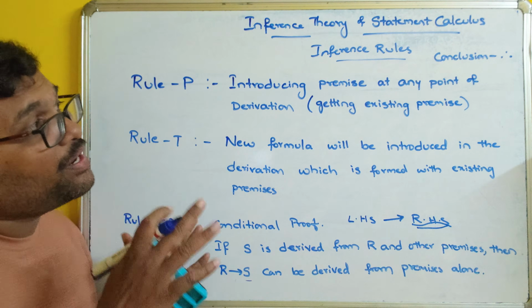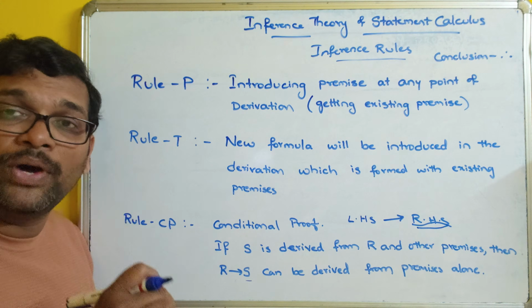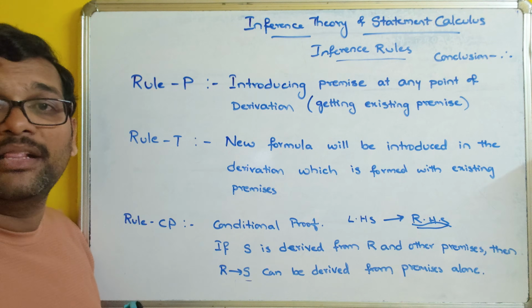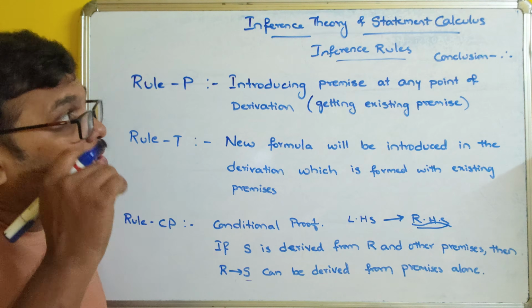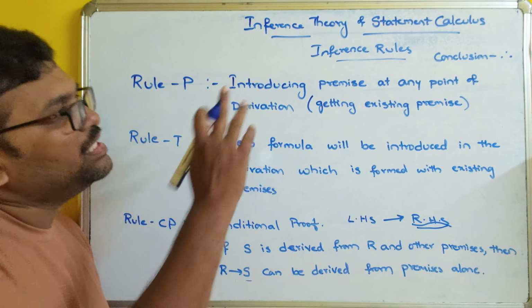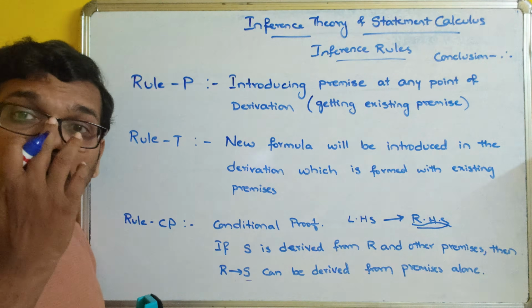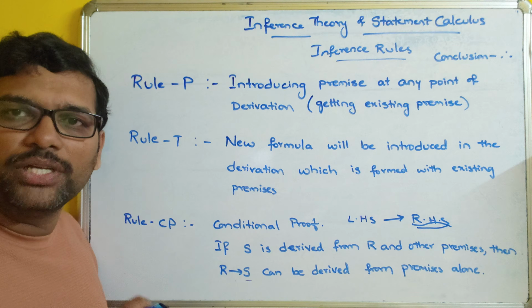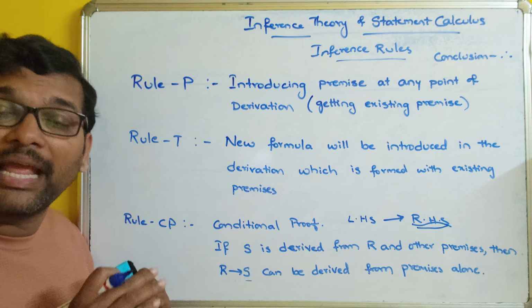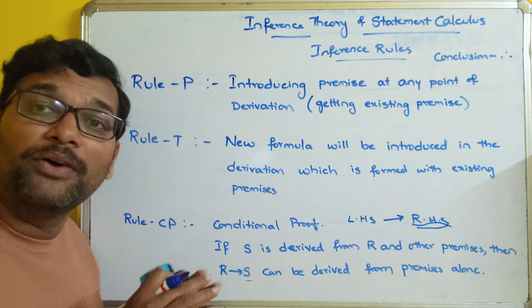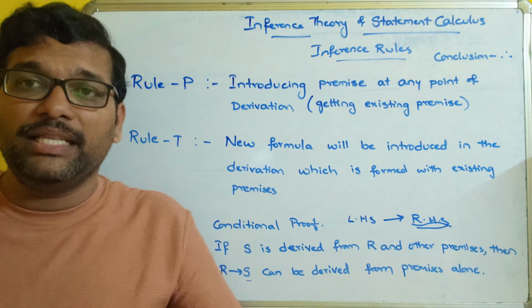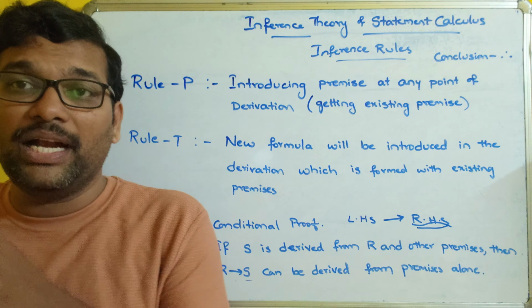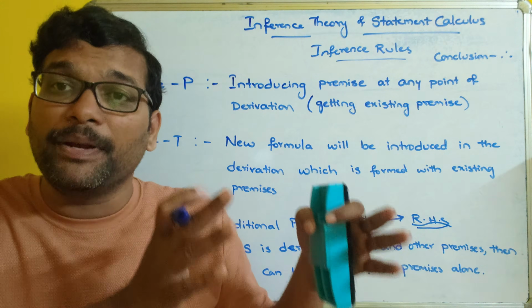So these are all the different inference rules. Once again, I'm repeating the same thing. The main reason for using these inference rules is to derive the conclusion. For any argument, there will be a group of statements, and the last statement will be the conclusion and the remaining statements will be the premises.